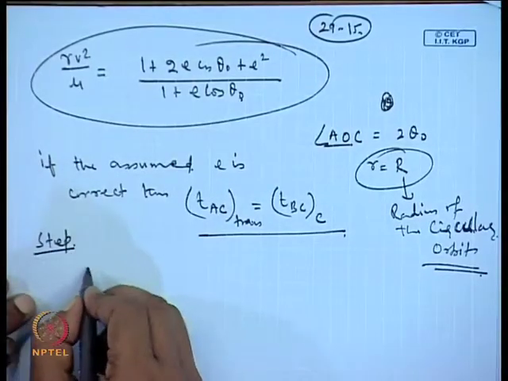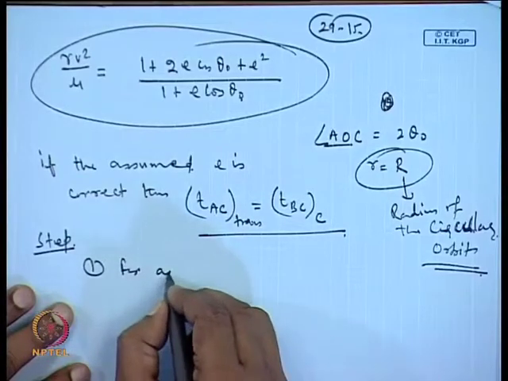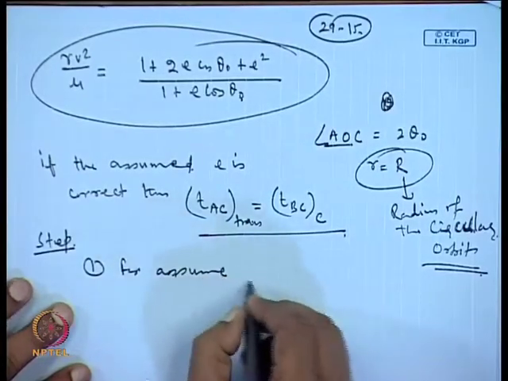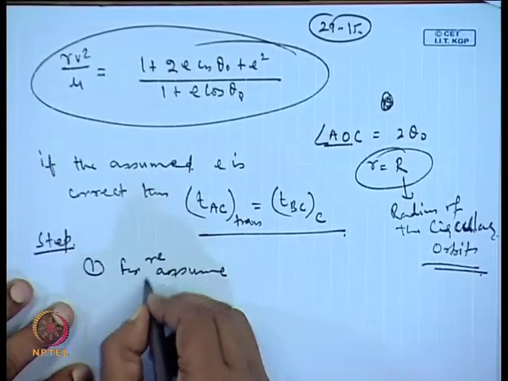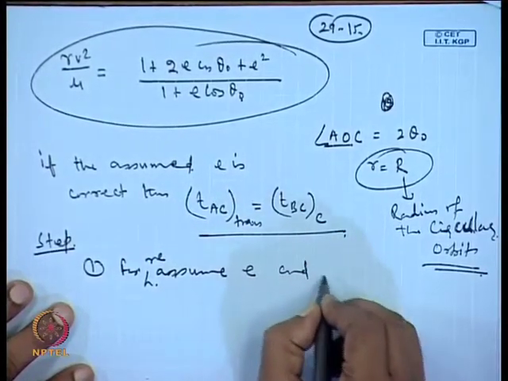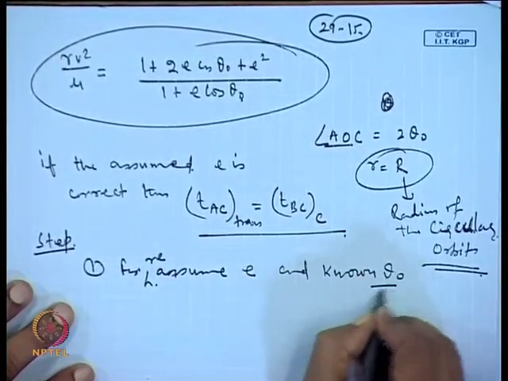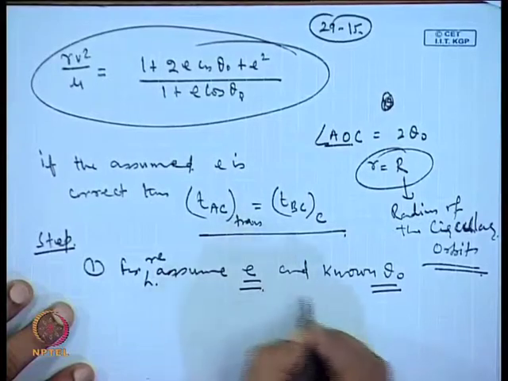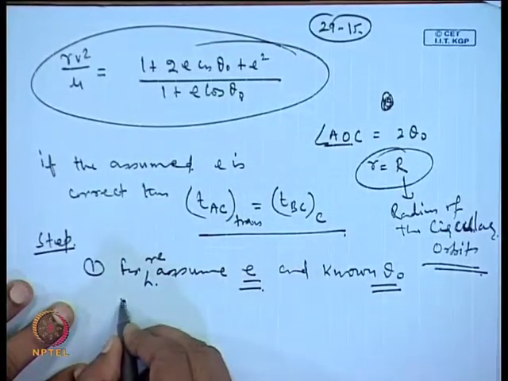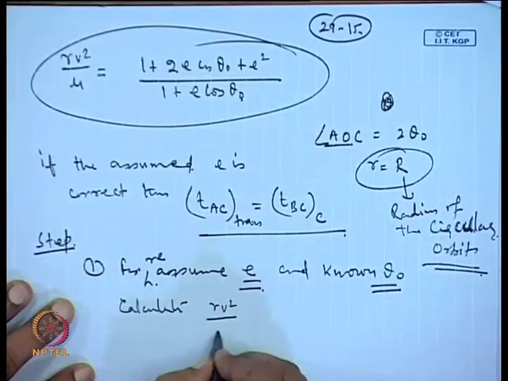So, again the steps will be: reassume the value of E, theta 0 is known to us, and for the assumed E, calculate r v square by mu.